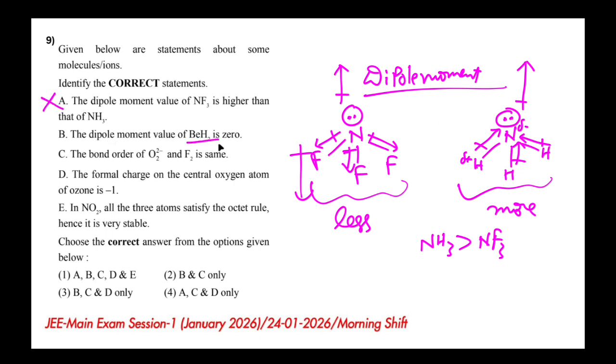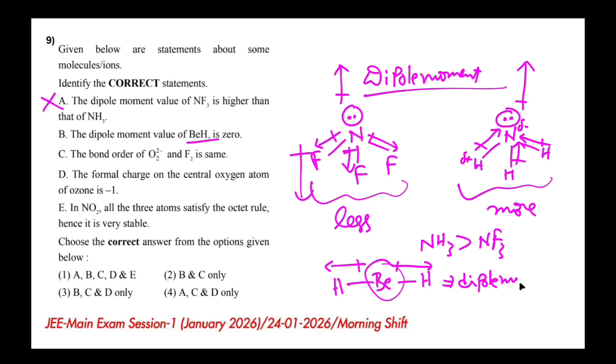Then B, that is BeH2. The BeH2 molecule is a linear molecule. In this, the bond moment moves towards the hydrogen side, and this bond moment also moves towards the hydrogen side. So the net moment on beryllium is 0, so the dipole moment is 0.